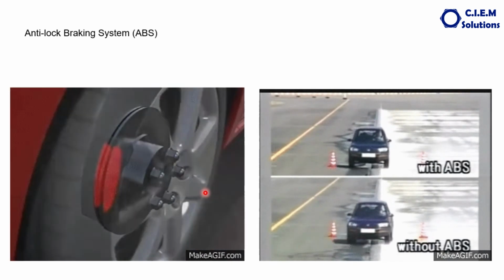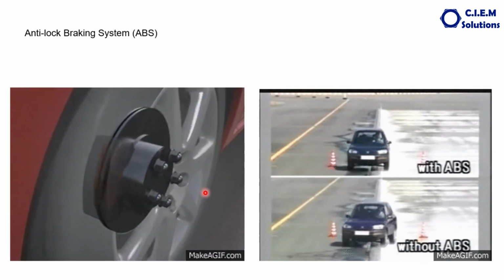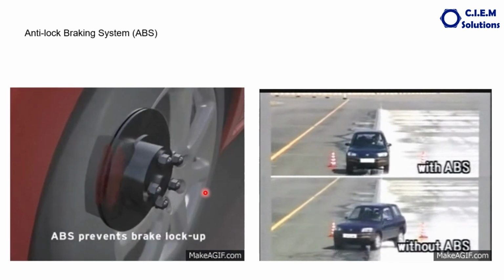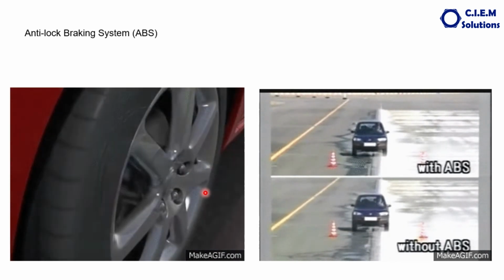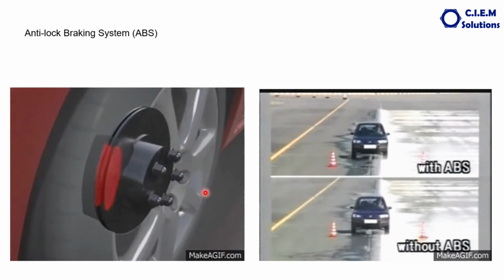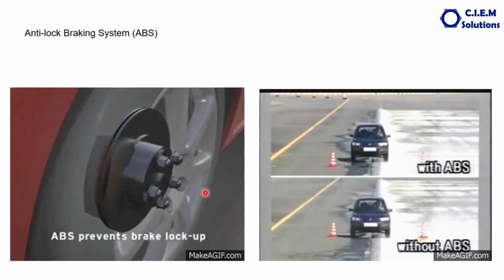To answer that query, to your surprise, the stopping distance of the vehicle fitted with ABS is shorter than the stopping distance of a conventional brake system. How is it shorter in spite of releasing and holding the brakes like this?